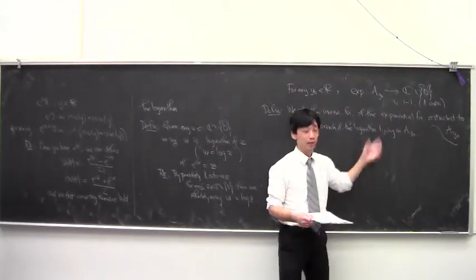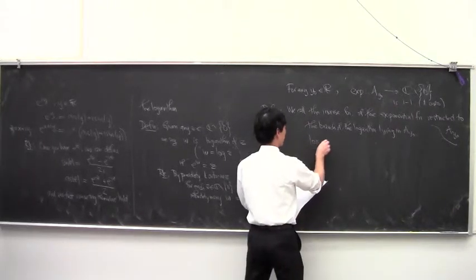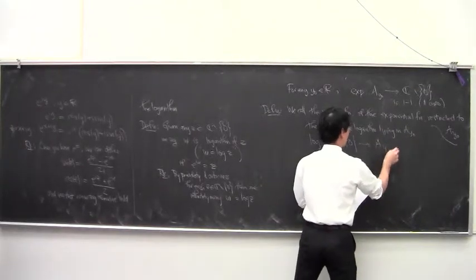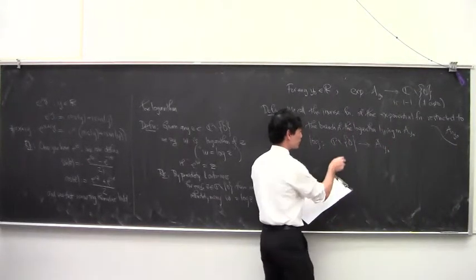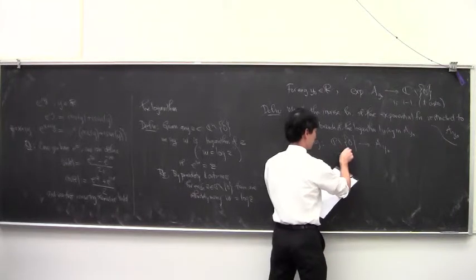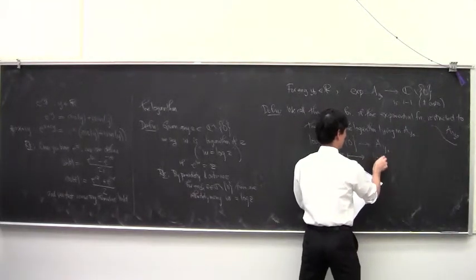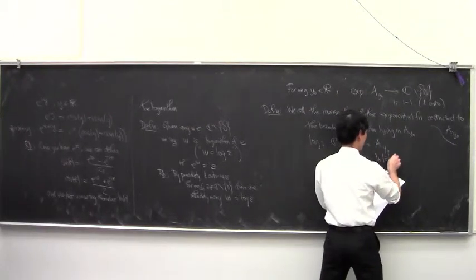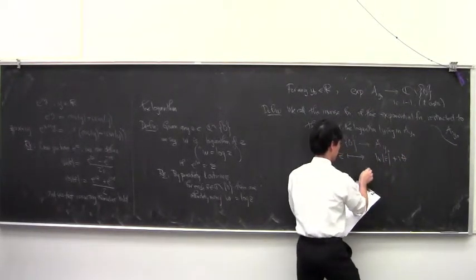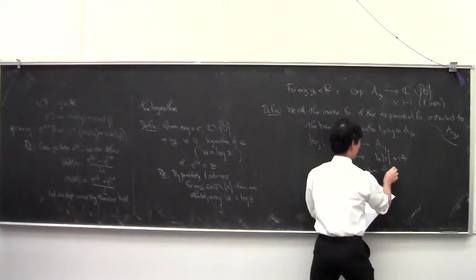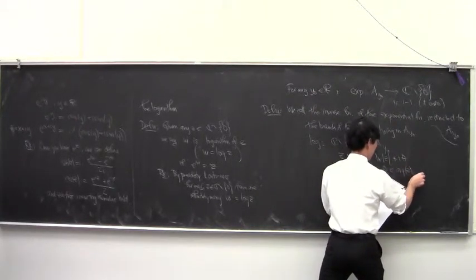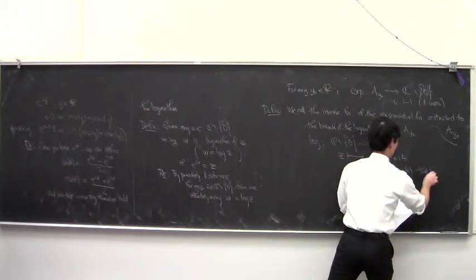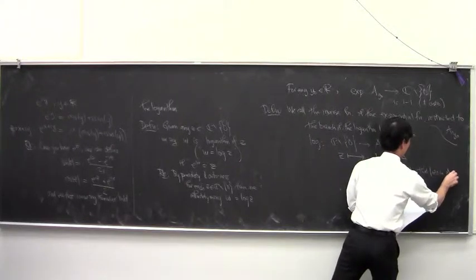You can actually define a function, log, going from here back to that strip, taking z to log |z| plus i theta, where theta is the argument of z that lies in a y0.